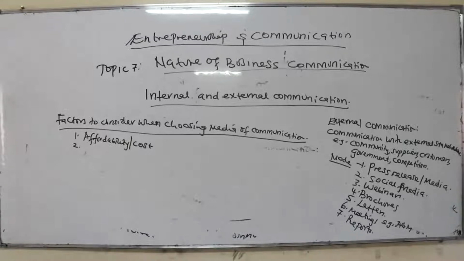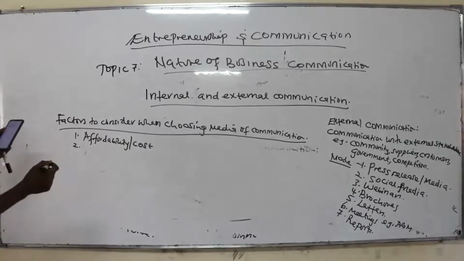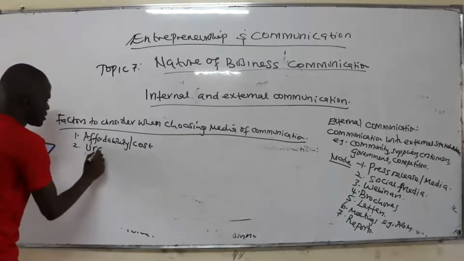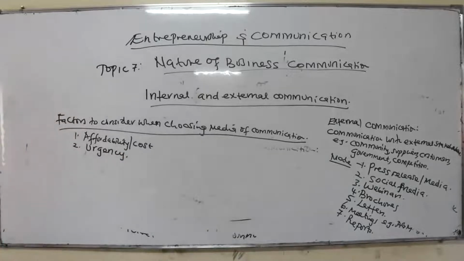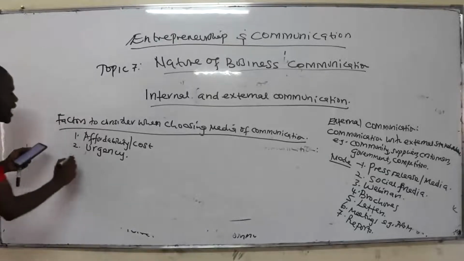Number two, I like it from Kuya Nasim: urgency. For instance, if it is something that requires urgency, do you start writing letters? No, you need to make a phone call. Is that okay? Yes. So number three, reliability.